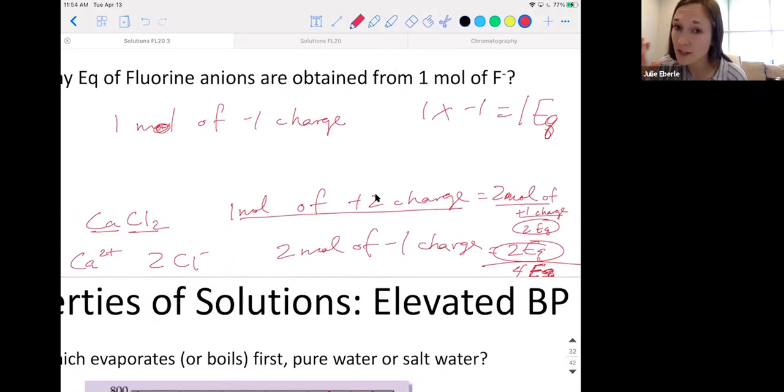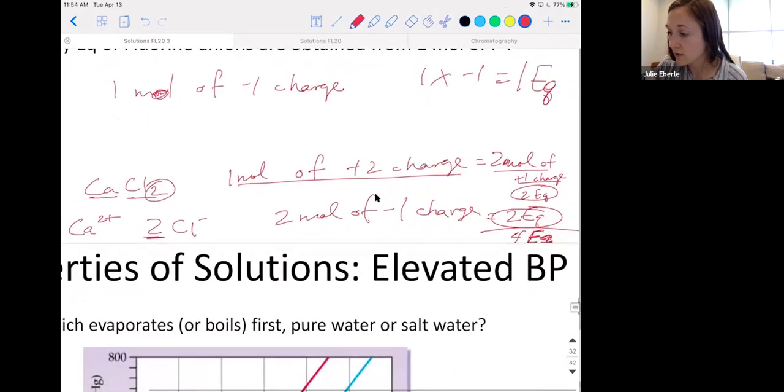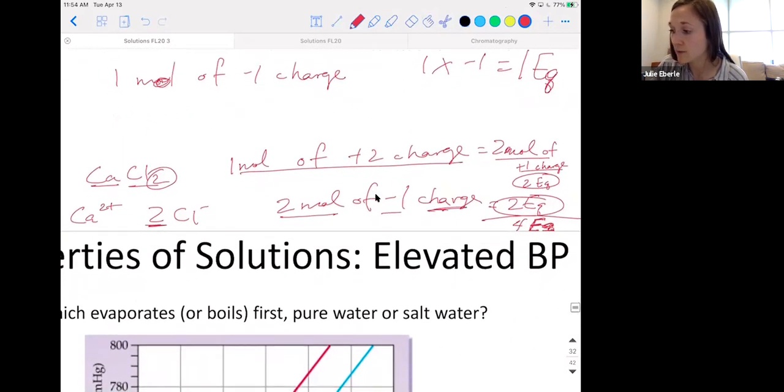So that is 2 equivalents just from the calcium. And then when you're looking at the chlorides, for every 1 calcium, we get 2 chlorides because of this subscript 2 right here. And each chloride is a -1. So we're going to have 2 moles of -1 charge from the chlorides, which is also 2 more equivalents. When you add all that up, 2 plus 2 is 4. Did that help, Bradley?